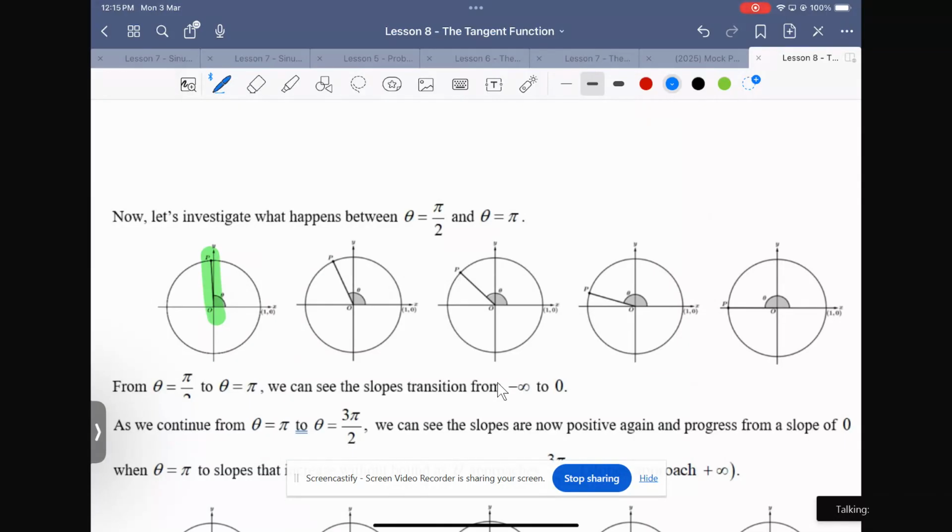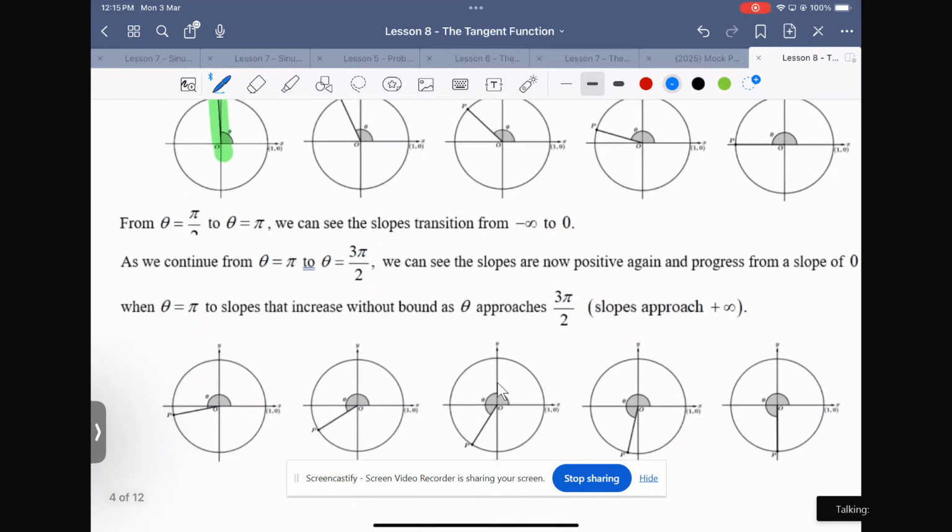All right, let's have a look at our limit statement. So we're going to have the limit as theta approaches pi over 2 from values that are bigger than pi over 2 of tan theta. It's going to be equal to negative infinity. So it's going to go from negative infinity up to 0. Then as we move into the third quadrant, it's going to pass 0.